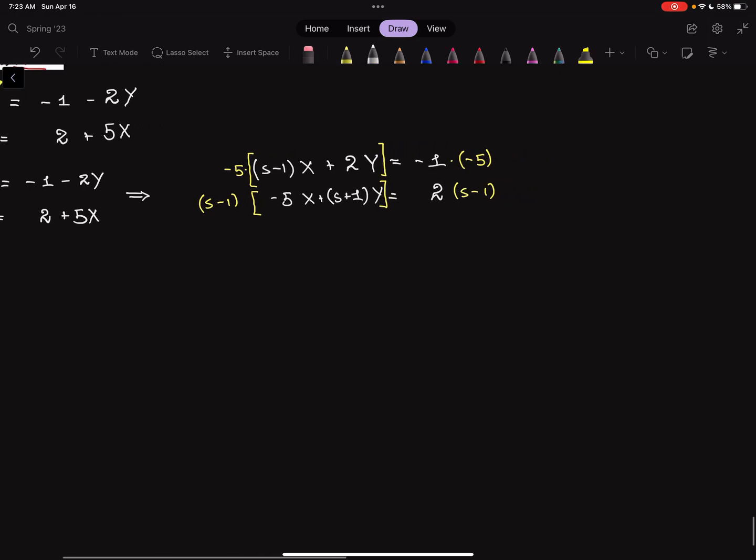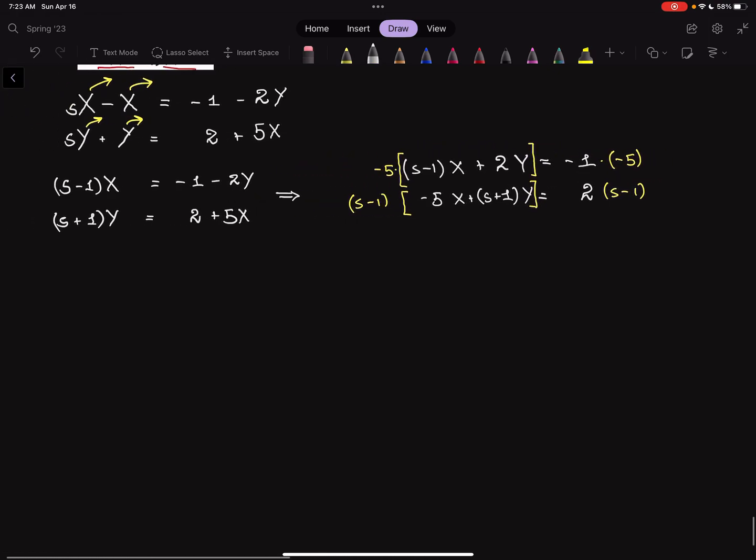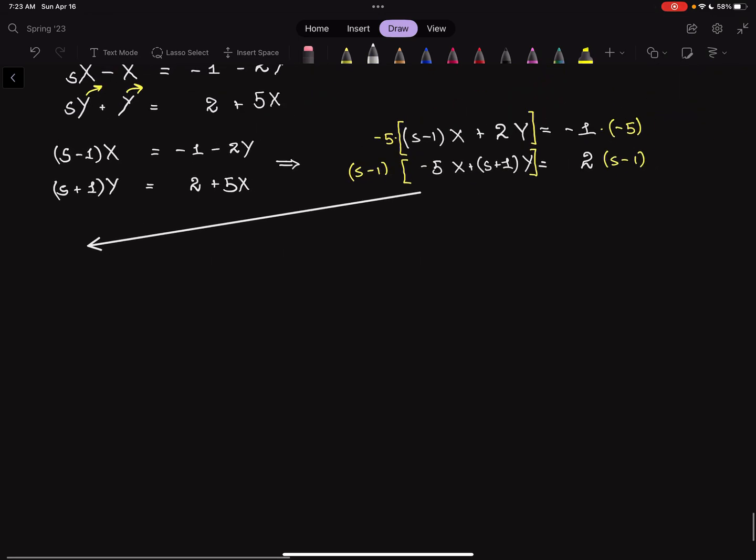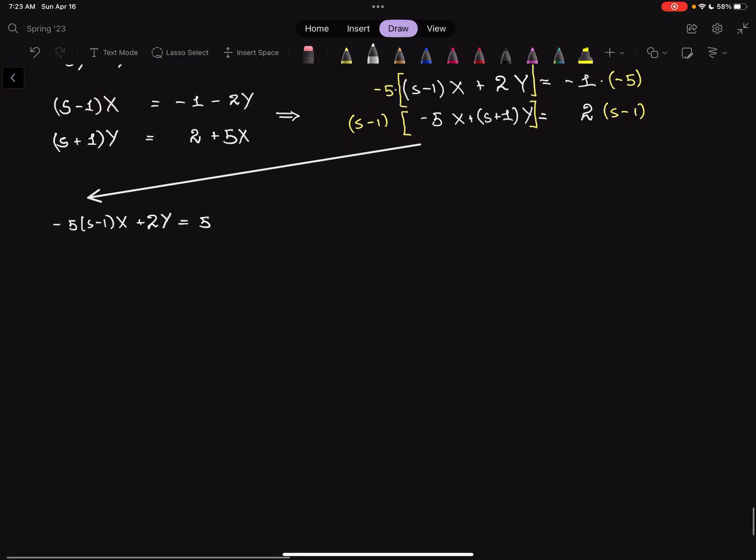So what am I going to get? I'm going to get, let me make a little arrow here, minus 5 (s minus 1)X plus 2Y equals 5. And here I'm going to get minus 5. Now you see why I did s minus 1.